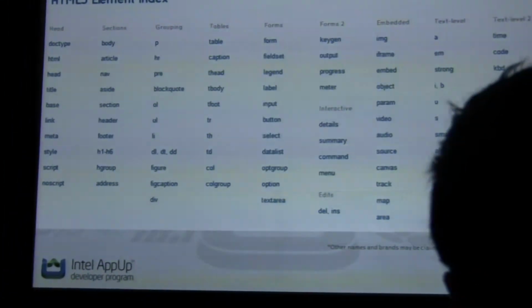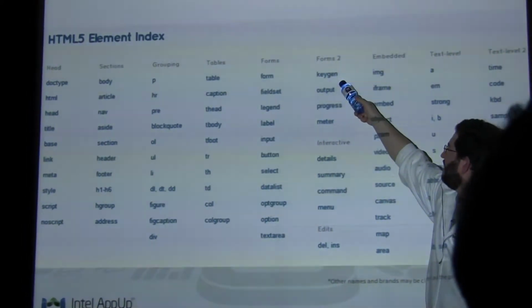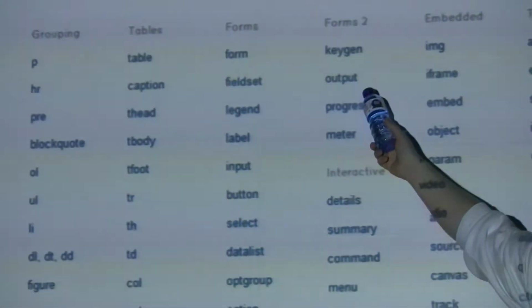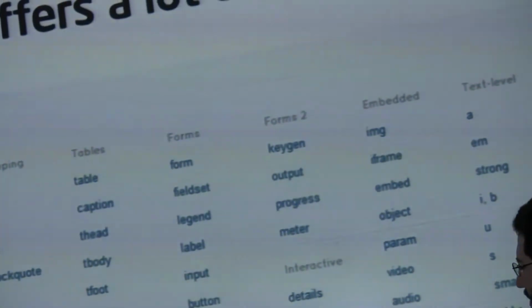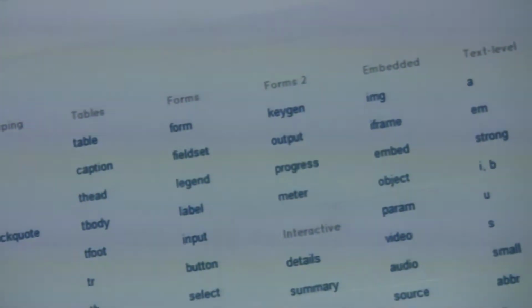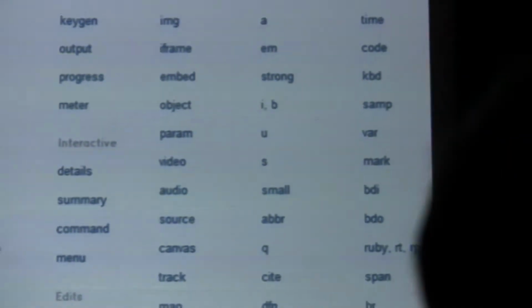Some of the other more unique ones are tags like keygen, which actually generates public and private cryptographic keys. Progress bars. Details, summary, and commands are semantic ways of adding data to your application. The time tag, which is a little bit in flux, but there is an element for time, so you can indicate a timestamp.